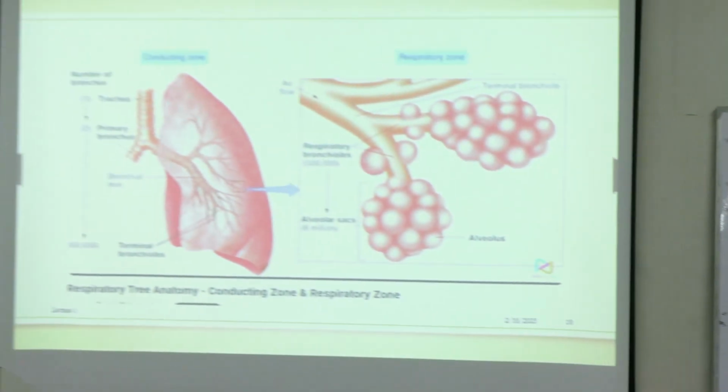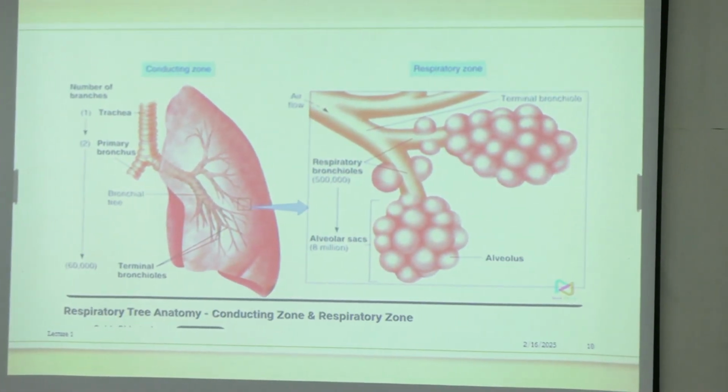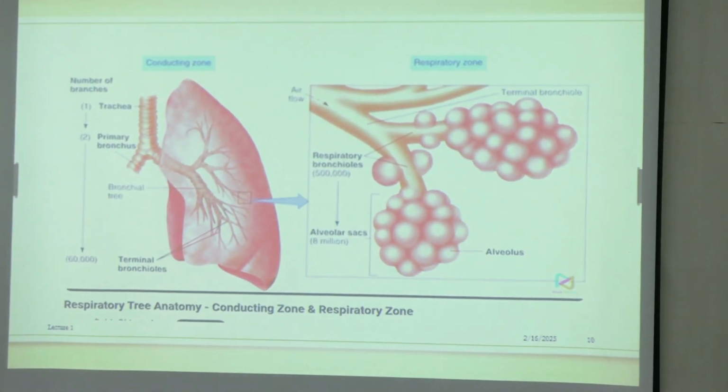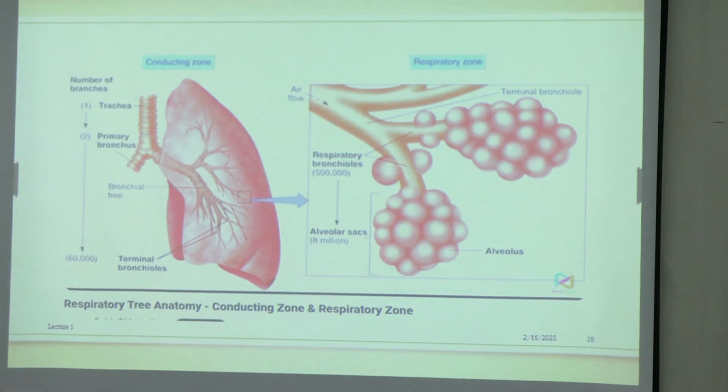Now see, this conducting airway and respiratory airway are called zones. It means the airways of the lungs are called conducting zones or respiratory zones.